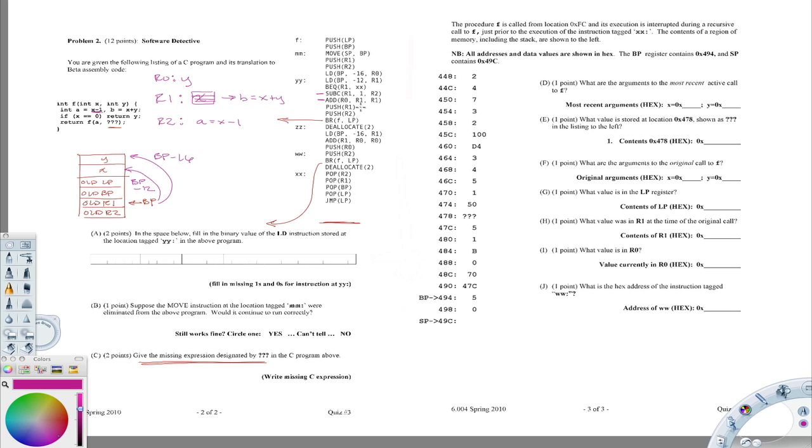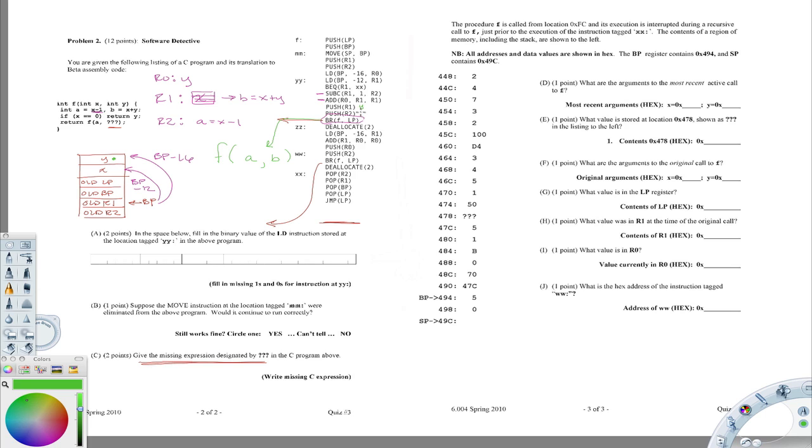Notice, because we're pushing in reverse order, and we're going to call f, that's why we know that these are the arguments to that function. We're pushing R1, so that means b is going to be in the y place here. So this call is going to be f of, because this one was pushed first, it must be on the top here.